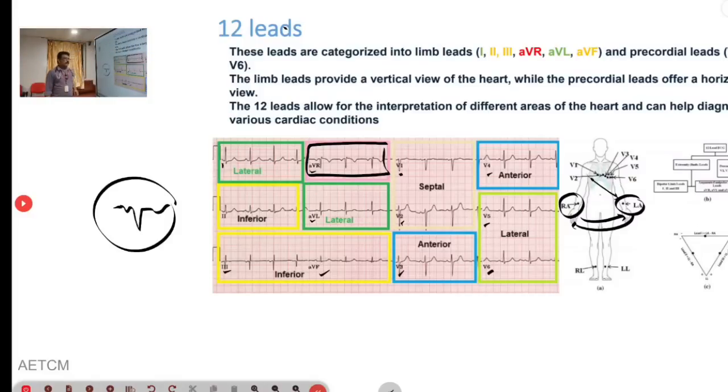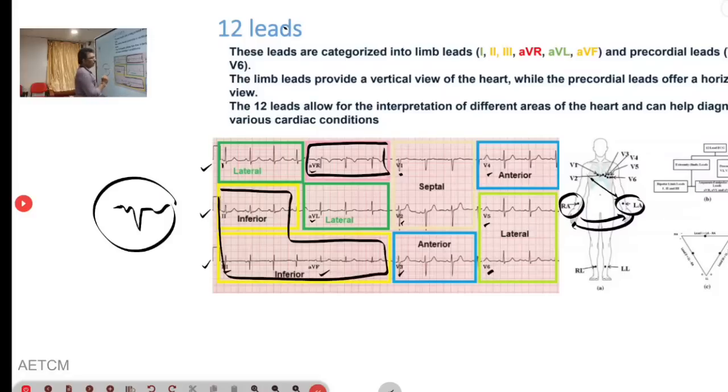So in AVR all the complexes will be negative, whereas lead 1, lead 2, lead 3 all will be positive. AVL also will be positive. 2, 3 and AVF indicate inferior wall. 1 and AVL indicate lateral wall in ECG.